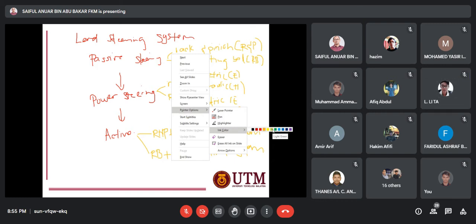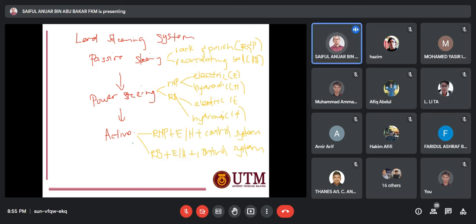Okay, Doctor. Okay. Now just that for electric vehicle or for the autonomous vehicle, the manufacturer can give any kind of name for the steering system in electric vehicle, especially the autonomous vehicle.